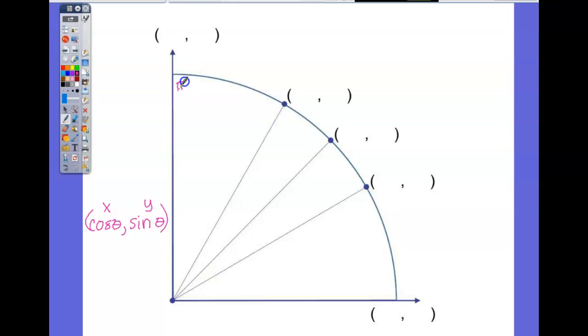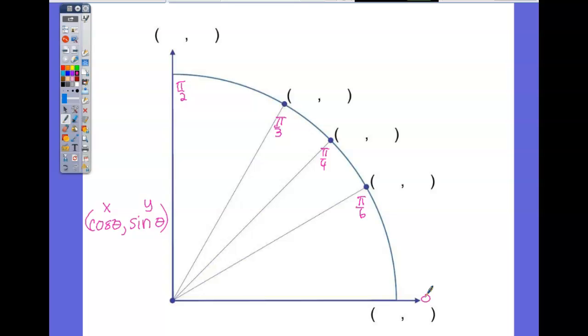I know this is pi over 2, pi over 3, pi over 4, pi over 6, and 0. So I'm going to start with pi over 3. This is my pi over 3.